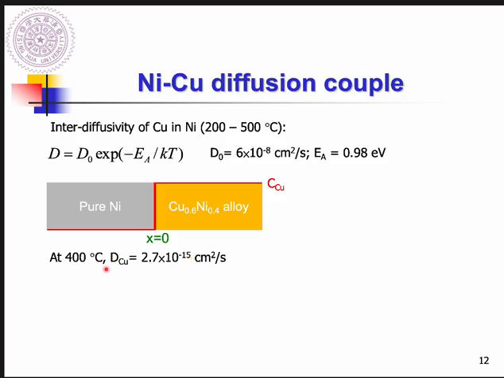Under this 400 degrees C or 675 K, can you plot the concentration of copper as a function of location? Because when you increase the temperature, for sure the interdiffusion happens. We have higher nickel here, lower nickel here, and also higher copper here and no copper at your left-hand side.